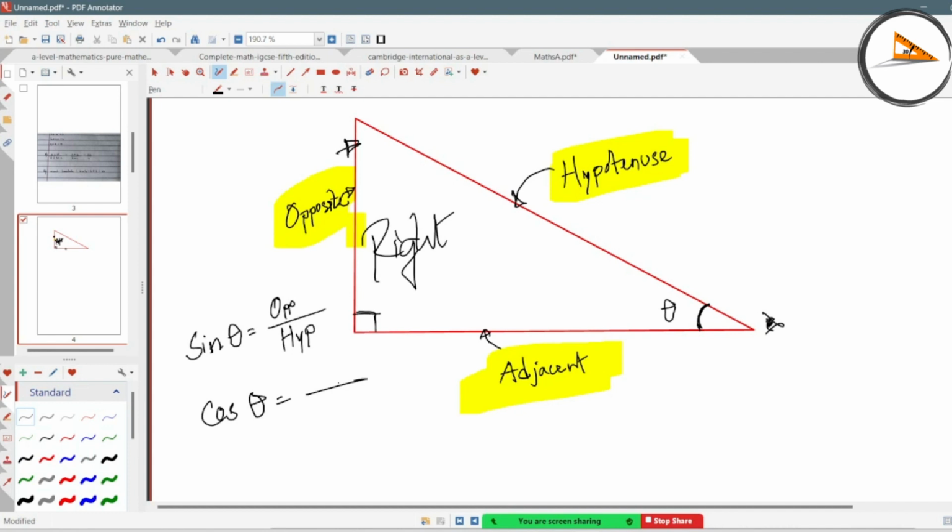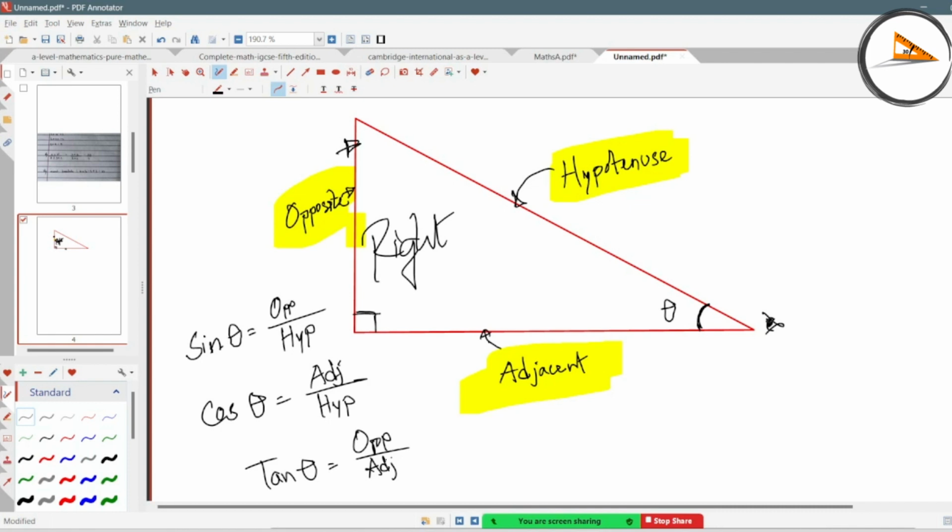Cos theta is adjacent over hypotenuse. And the third one is tan. Tan theta is equal to opposite over adjacent. We have three more trigonometric functions, but we'll learn them later. So just keep these three in mind.